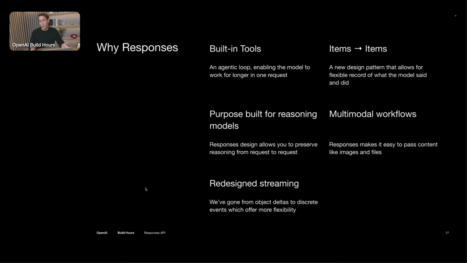The next thing is we've really rethought streaming from the ground up. In the chat completions API, the API emitted what we call object deltas, which is a pattern that forces you as a developer to accumulate every event that comes out of the API and stack them all up to get a full picture at the end of what happened. The Responses API, however, emits a finite number of strongly typed events that you don't have to look at every one to understand what happened.